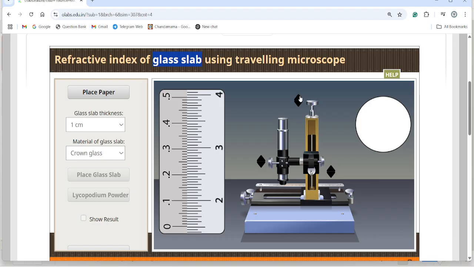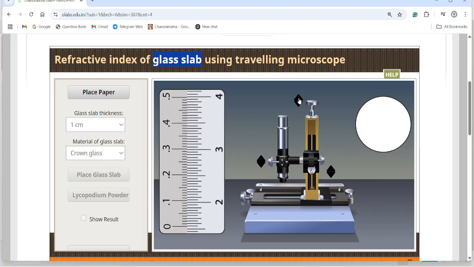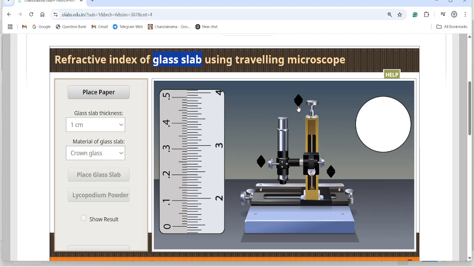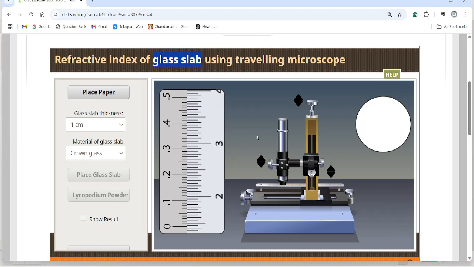See, it is moving up and down. There is no change in the scale. If I move this other screw, the scale also moves. See, the scale is moving. Are you able to see this? Yes or no? So I hope you understand.